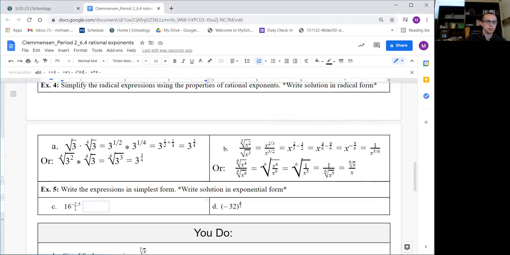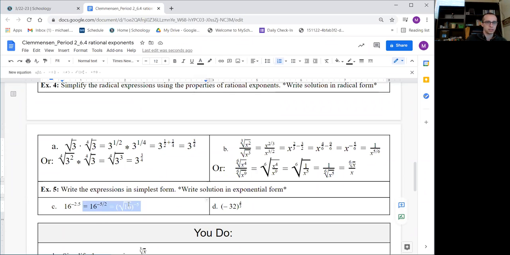For these ones right here, it's very similar, but these problems are kind of problems that I've made to be able to be simplified into a nice number. So we're going to be getting rid of the exponents. This one can be rewritten as 16 to the negative 5 halves. This negative 2.5 can be rewritten as negative 5 halves.